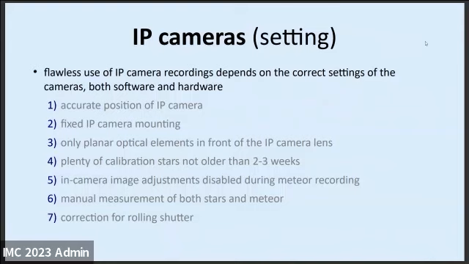Then all in-camera image adjustments have to be disabled during the recording of the meteor or fireball. We also recommend to manually measure both stars and meteors if you want the most accurate results. And of course, you have to correct the rolling shutter effects if you use cameras with rolling shutters.